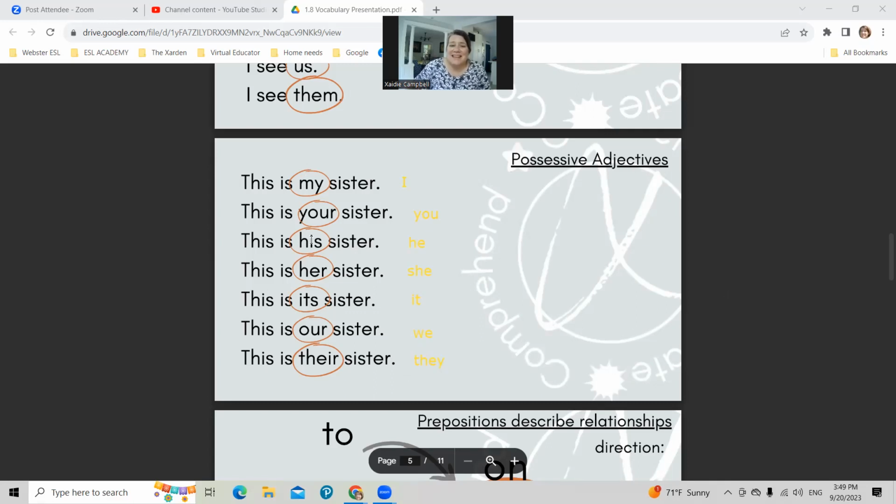We use these, the possessive adjectives, to show who it belongs to. So this one answers, who does it belong to, or who owns it?